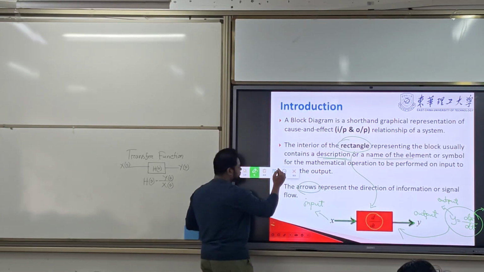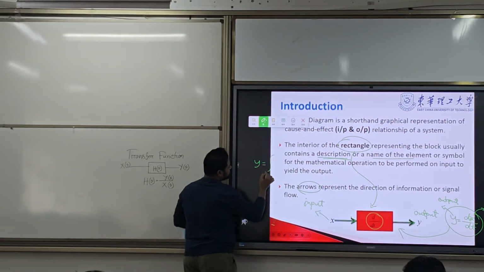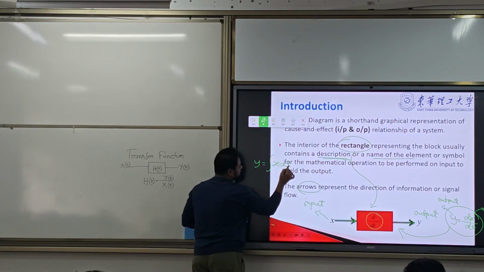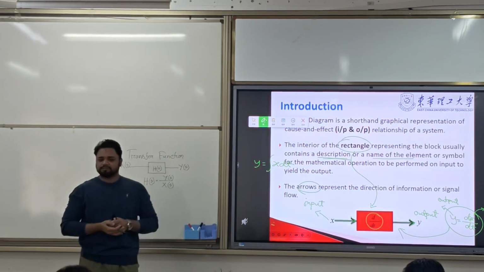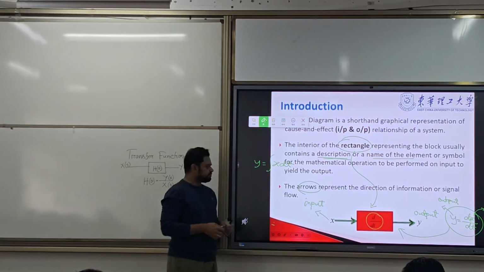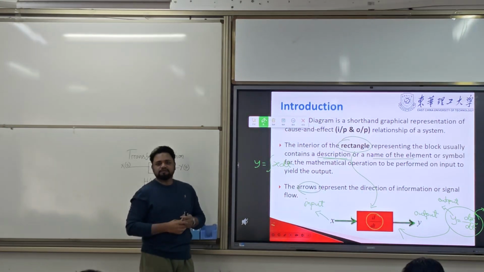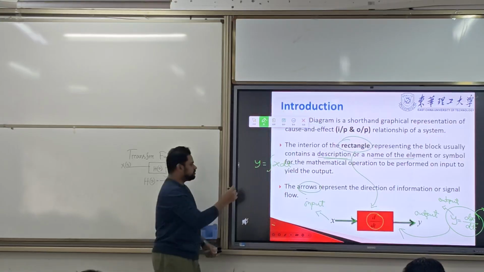Suppose I give you one more example, like y equals the integration of x dt. Integration, another operation. How can we define it using a block diagram? First of all, you need to find out what the input and output are.